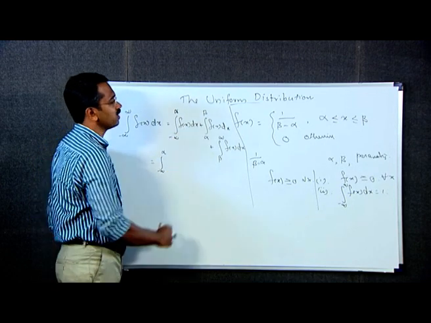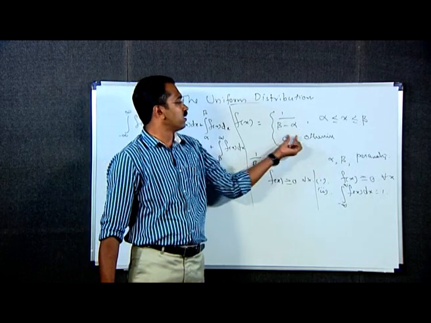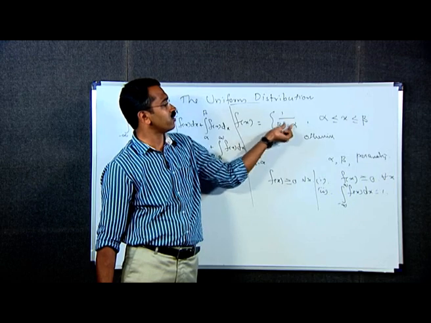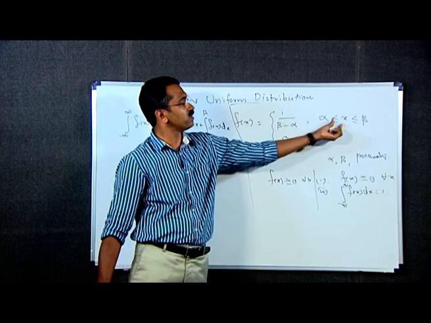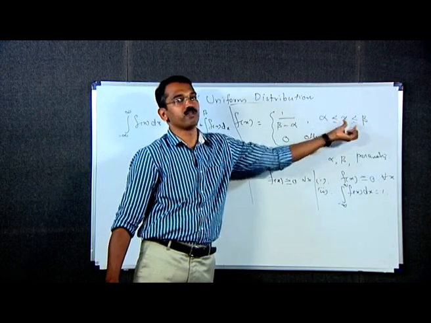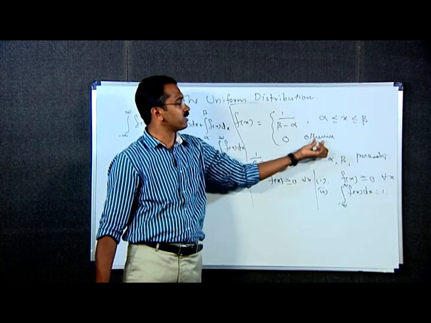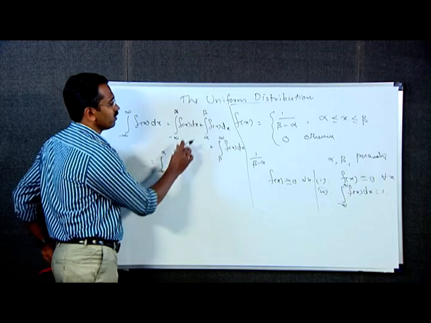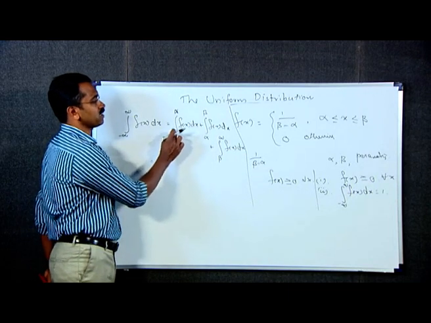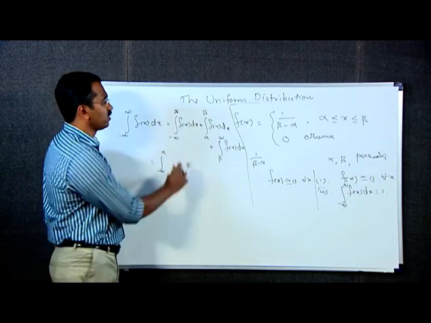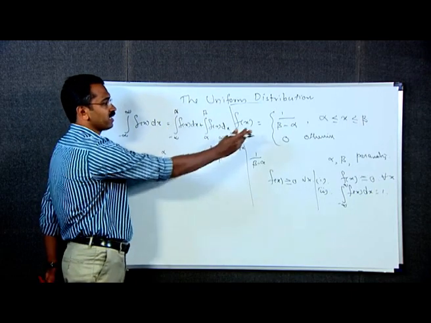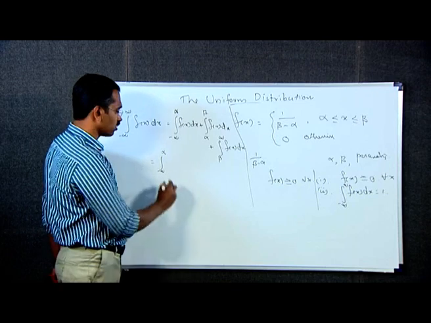Here the function is 0 because the function f of x equal to 1 by beta minus alpha is defined for x in between alpha and beta, and in all the other cases the function is defined as 0. Therefore here the limit of integration is minus infinity to alpha, meaning x is less than or equal to alpha. In that case the function is defined as 0.